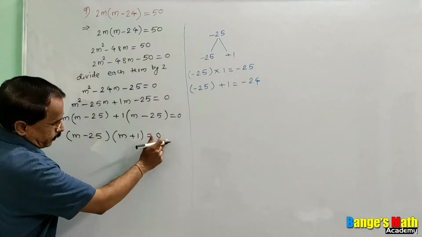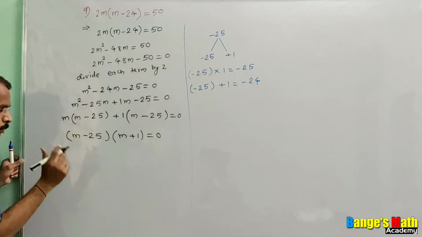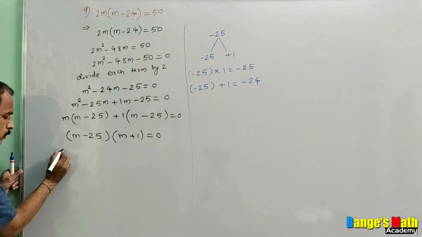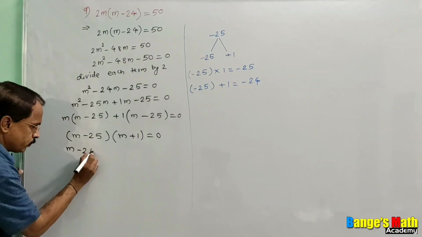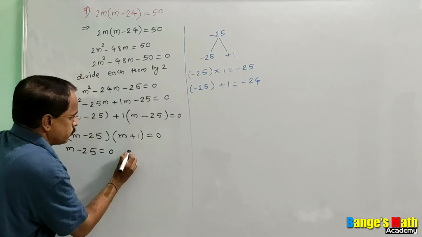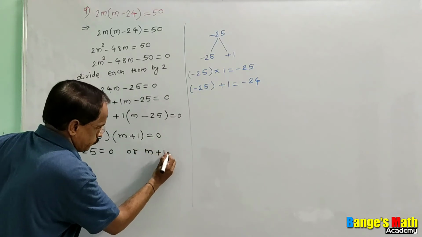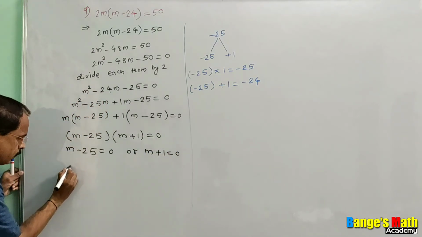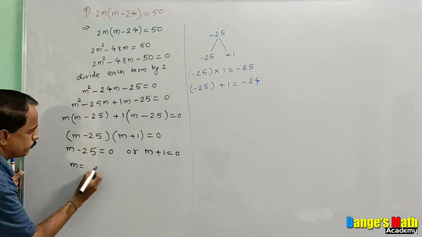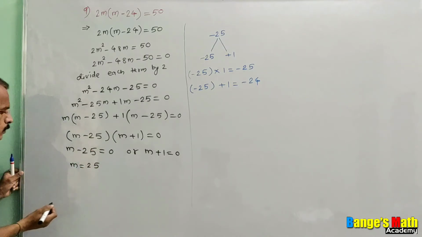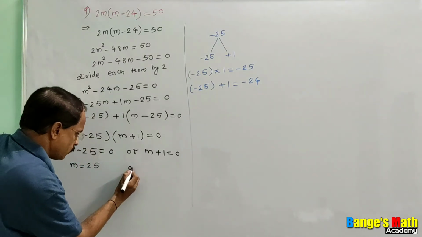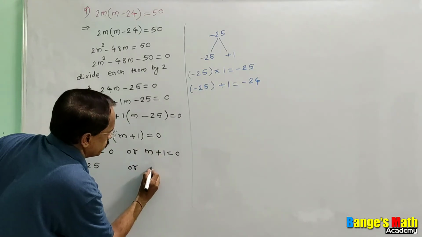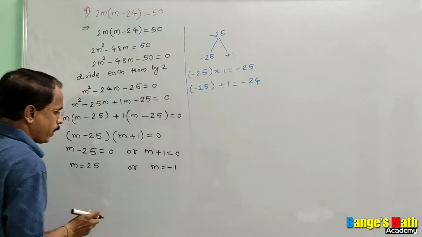The product of these two brackets is 0, so at least one bracket is equal to 0. So equate each bracket to 0. m minus 25 is equal to 0, or m plus 1 is equal to 0. Transfer minus 25 to the RHS, m is equal to 25, or transfer plus 1 to the RHS, m is equal to minus 1.